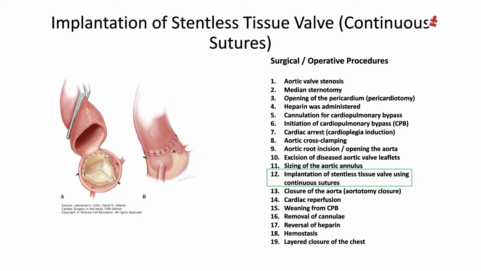So in our case, we had a stentless tissue valve using continuous sutures. So that is the implant, and that is what took place. This is the best image that I could get of a tissue valve using continuous sutures.